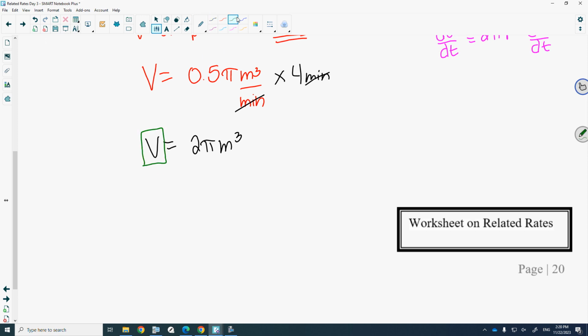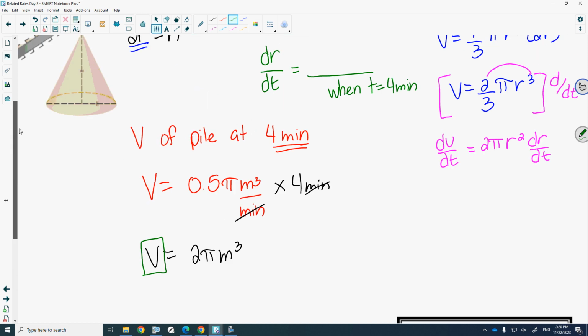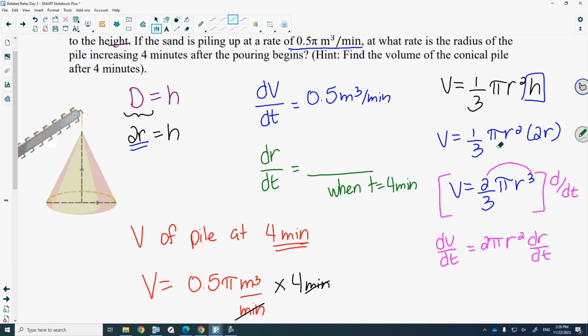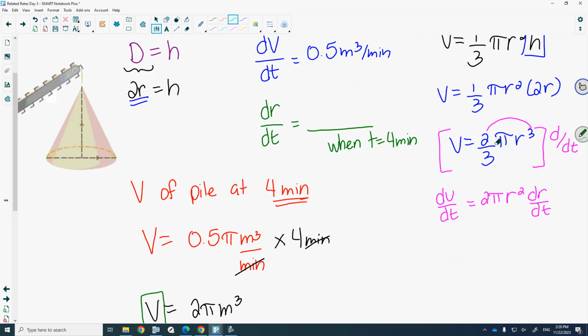And what was the formula for volume? Up here, we had volume is 2 over 3 pi r cubed.